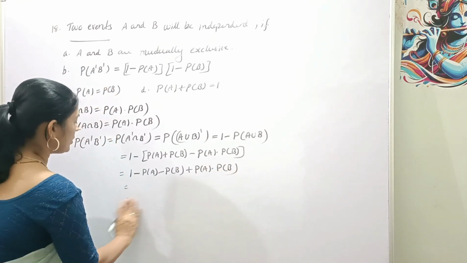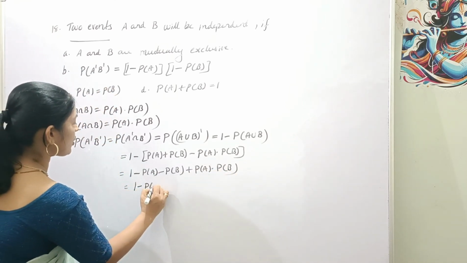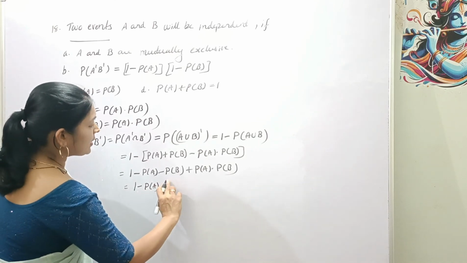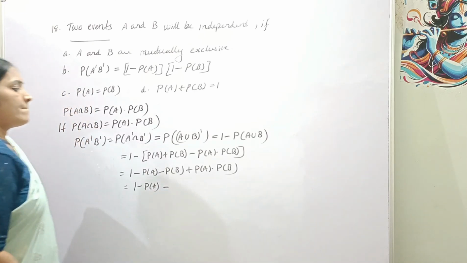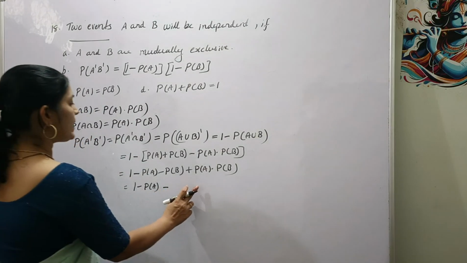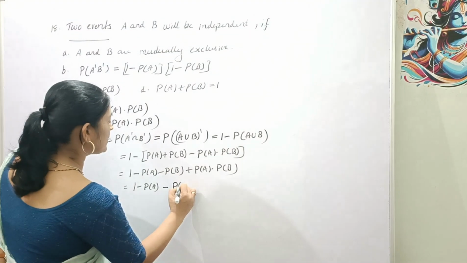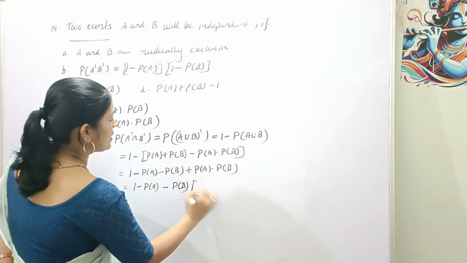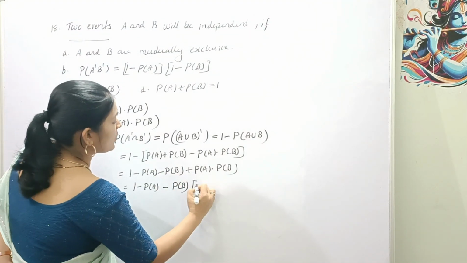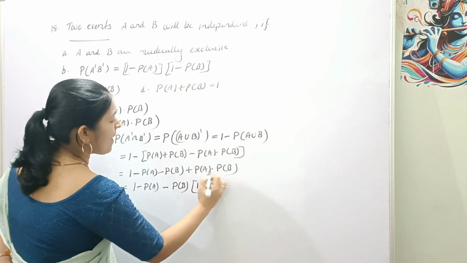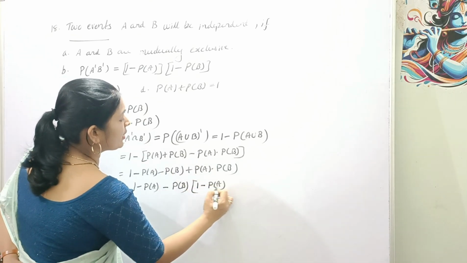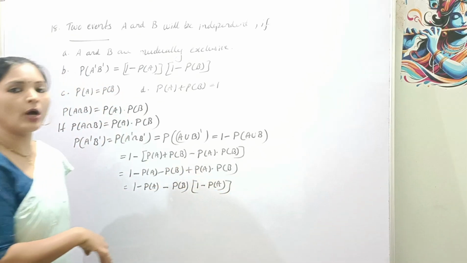That is equal to 1 minus probability of A. Let's take minus P of B outside: it is 1 minus P of A, because we have taken minus P of B outside.